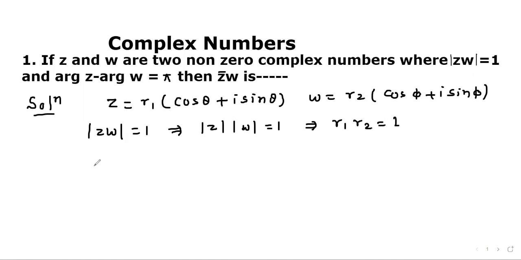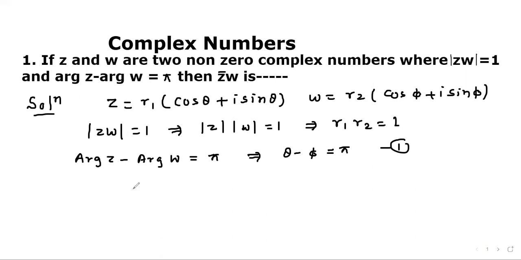Now we are also given arg Z minus arg W equal to pi by 2, and here arg Z will be theta and arg W will be phi. So we can say that theta minus phi equal to pi by 2. So this is equation number 1.